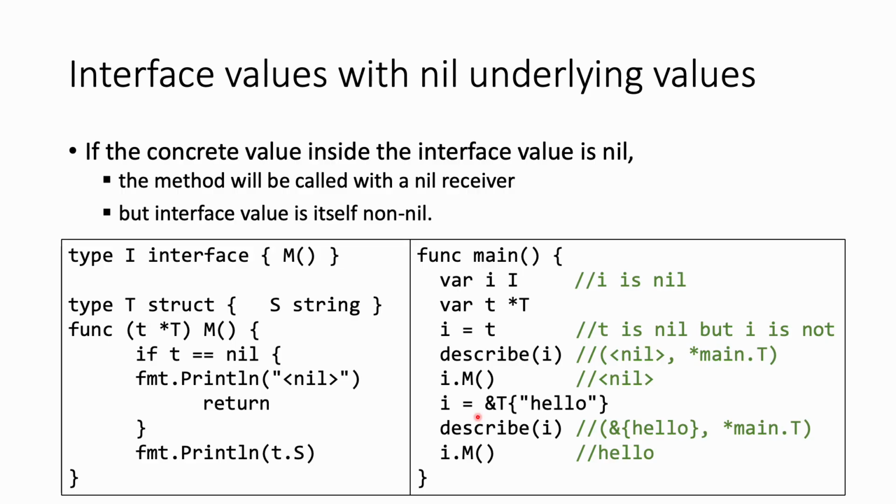When we assign a non-nil pointer value to variable I, then the underlying value of the interface I is not nil. So when we call I.M, it is called with a non-nil receiver and displays the field S of the receiver.